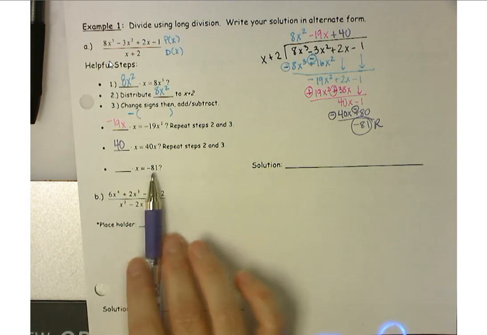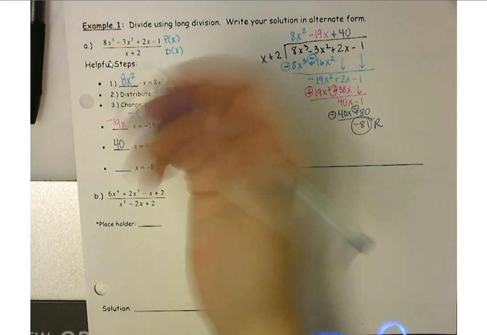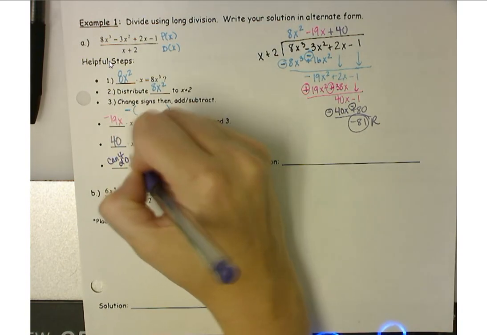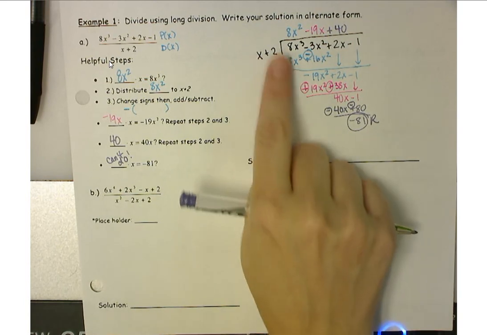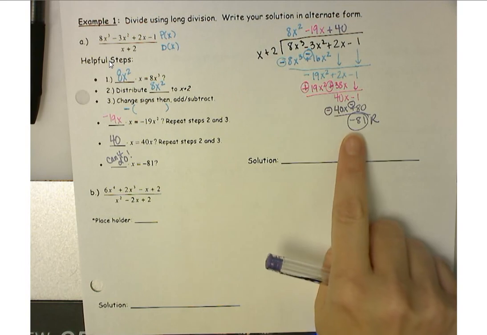What you would ask yourself is what number times x would be negative 81, but you can't do that. So the reason you know when to stop is based on the degree. What's the degree of x plus 2? 1, because it's linear. What's the degree of the constant? 0, right?